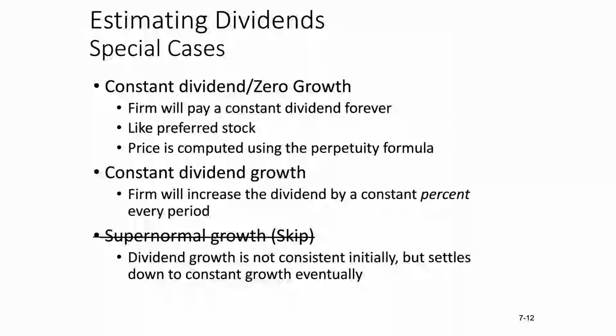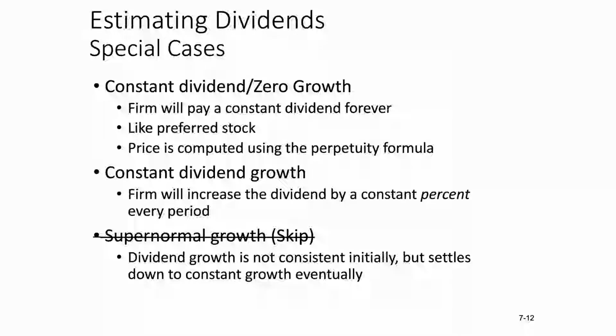But if you miss the preferred stock dividend, you cannot force the company into bankruptcy. Not like a bond, because it's not an obligation. So in that case, it looks like a stock, not like a bond. But let's look at what we call the 0 growth situation. The dividend never increases. How do we calculate that?